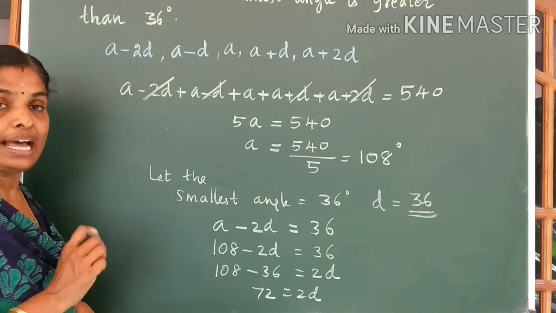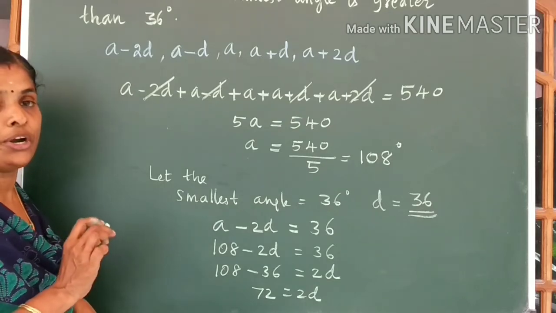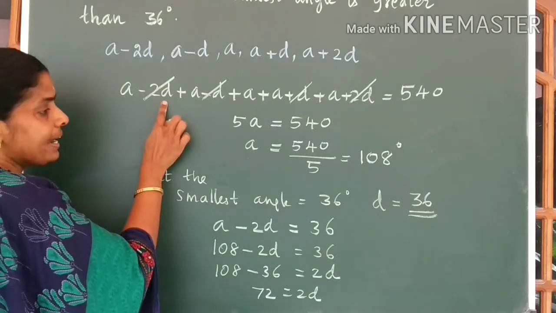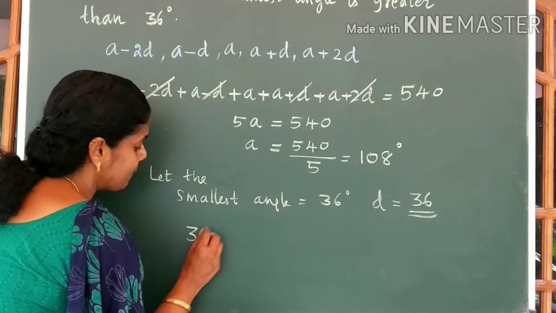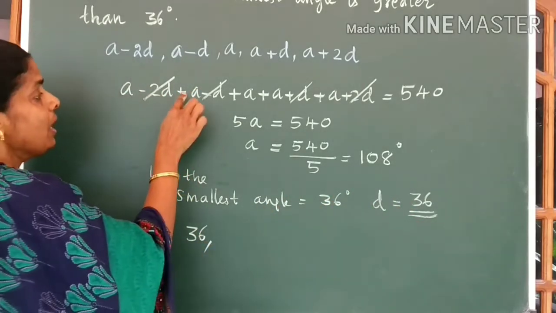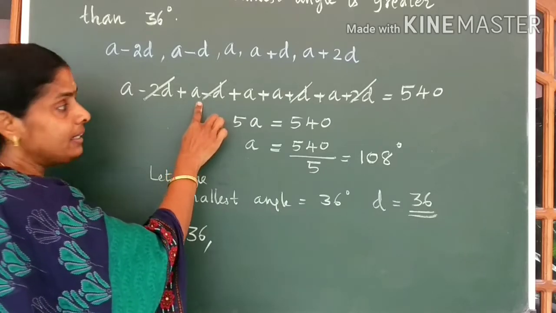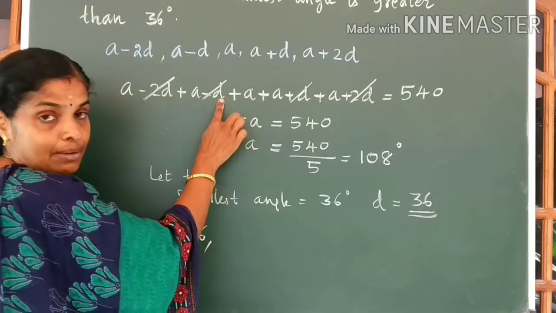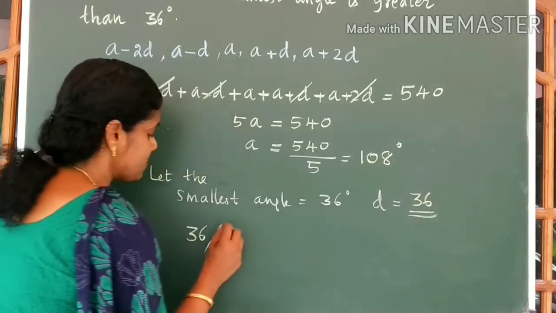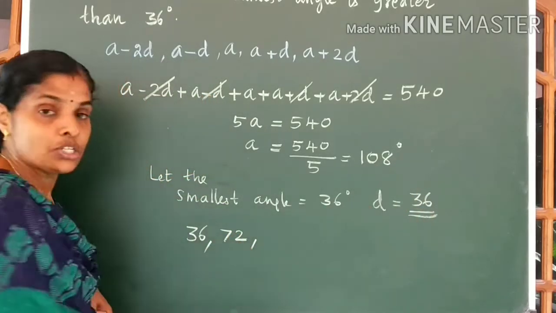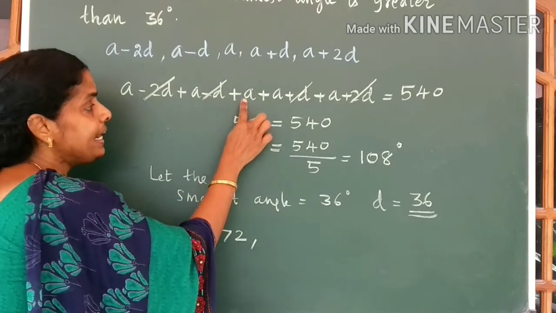So, if you write the angles of the pentagon, what do you get? The first angle we have taken as 36. First angle is equal to 36. How do you get the second angle? A minus D. That is 108 minus 36. You get 72. And what is the third angle?